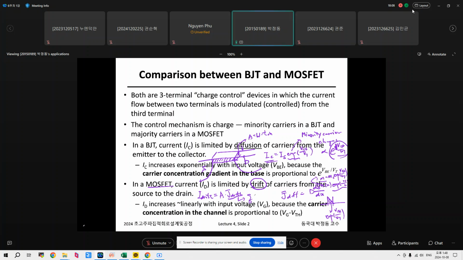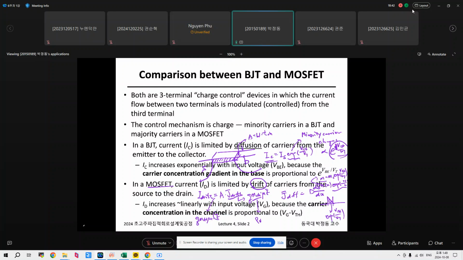And number of channel, and this is rho V, right? Rho V multiplied by velocity, which is mu and electric field, right? So eventually this can be given by Q, N channel, mobility mu, and electric field E, right?